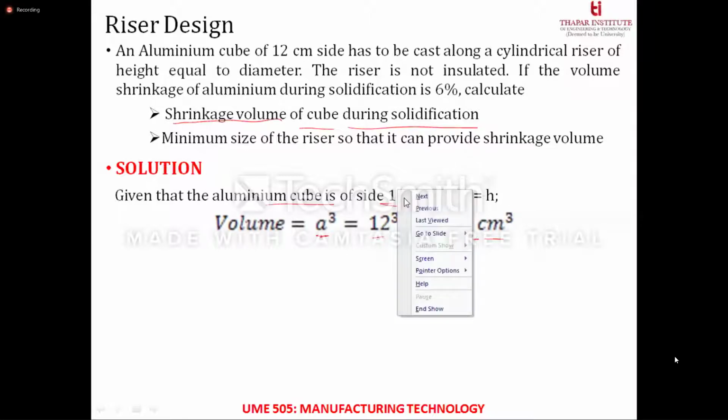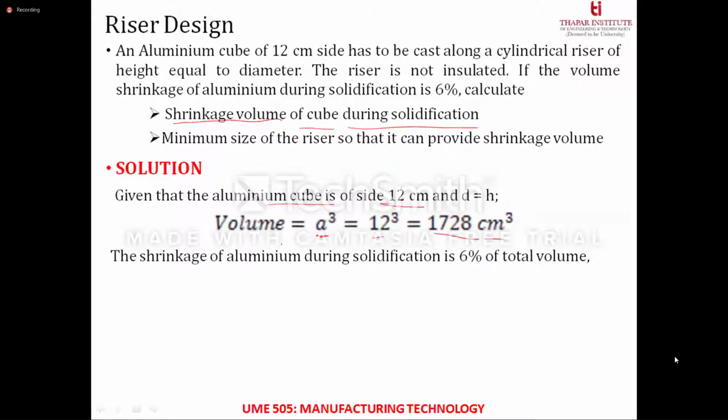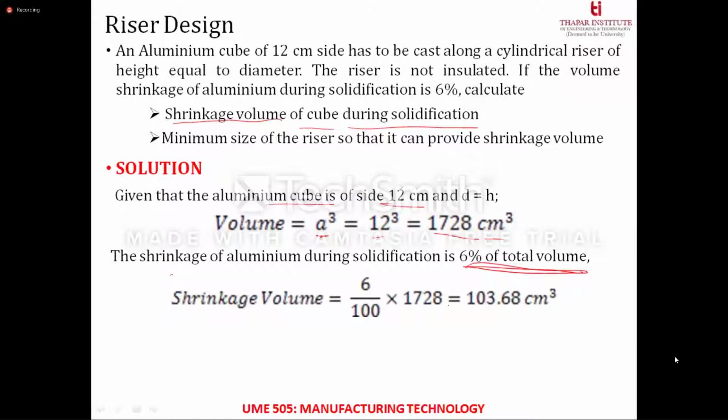We also know that the shrinkage of aluminium during solidification is 6% of the total volume. So 6% of the total volume is 6 by 100 into 1728. So the shrinkage volume comes out to be 103.68 cubic centimeters. This is the volume that is going to be shrunk.